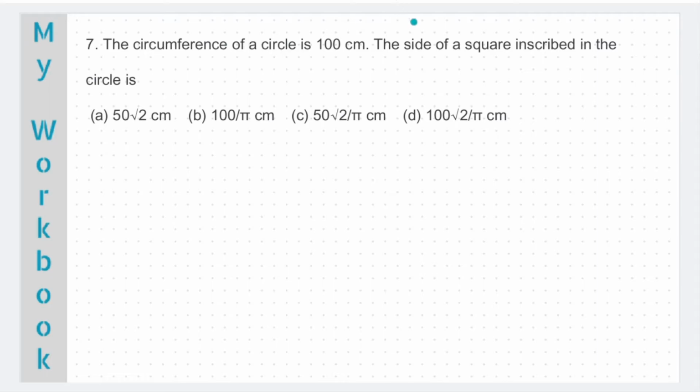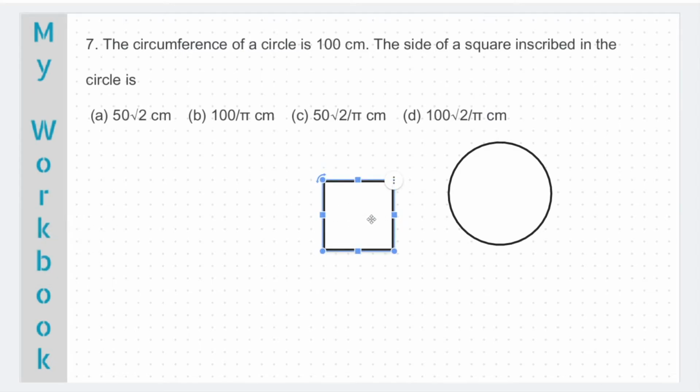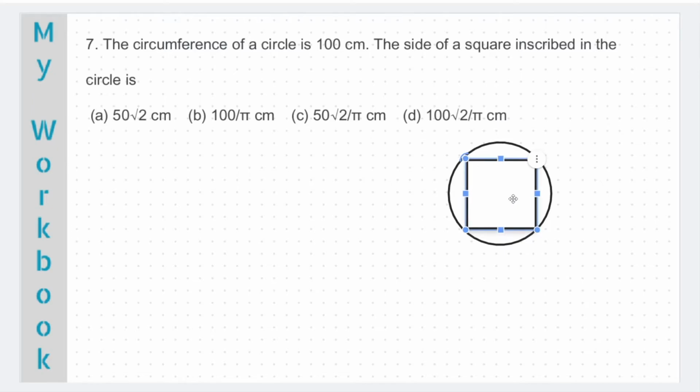Question number 7. The circumference of a circle is 100 centimeter. The side of a square inscribed in a circle is. So let's draw the diagram first. We have a circle and a square is inscribed inside a circle.